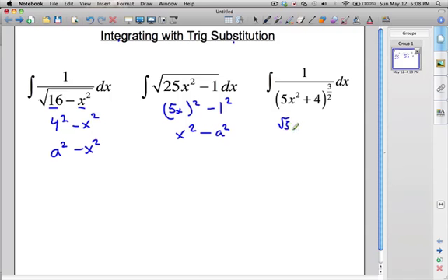So we have root 5x squared plus 2 squared, which is of the form x squared plus a squared. Now there's only three forms because a squared minus x squared is not the same as x squared minus a squared. But if we switch these around to a squared plus x squared, then it would be exactly the same. So there's three types of trig substitutions you could get.